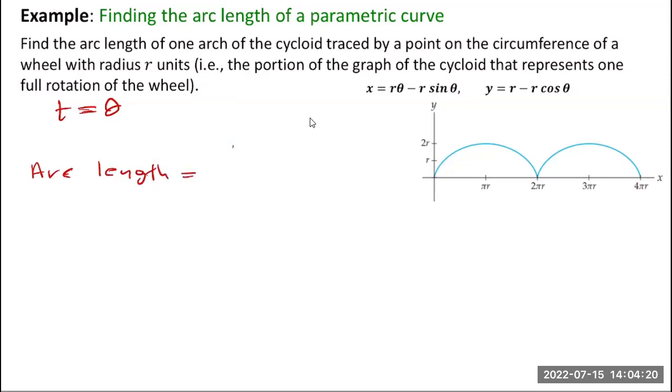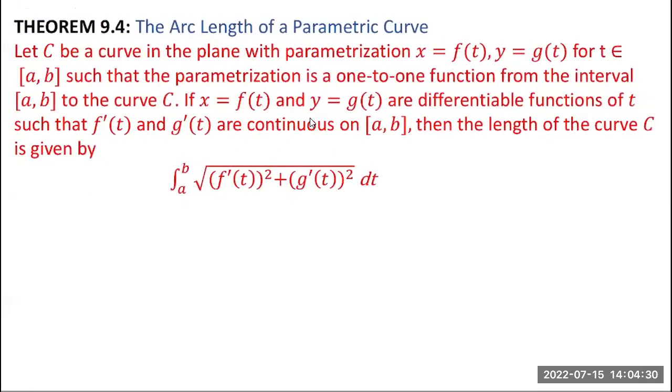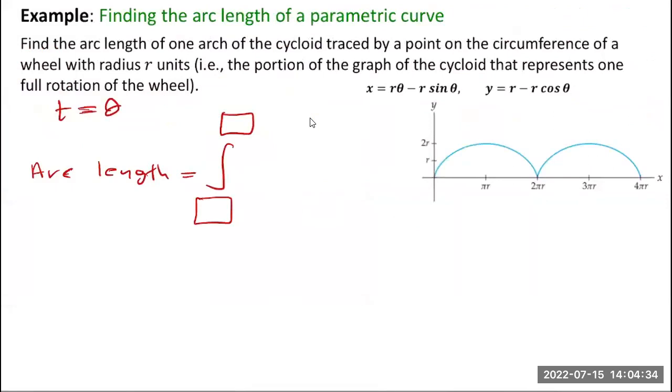arc length is equal to the integration. I have to put the lower limit, I have to put the upper limit, and then what do we have here? That is f prime of t squared plus g prime of t squared. Notice that this is your f of t and this is your g of t. When I say t, this is of course f of theta, because here the variable is theta.